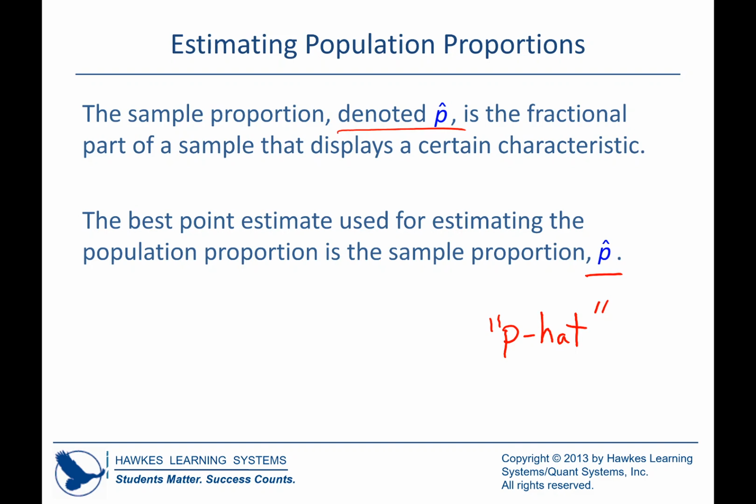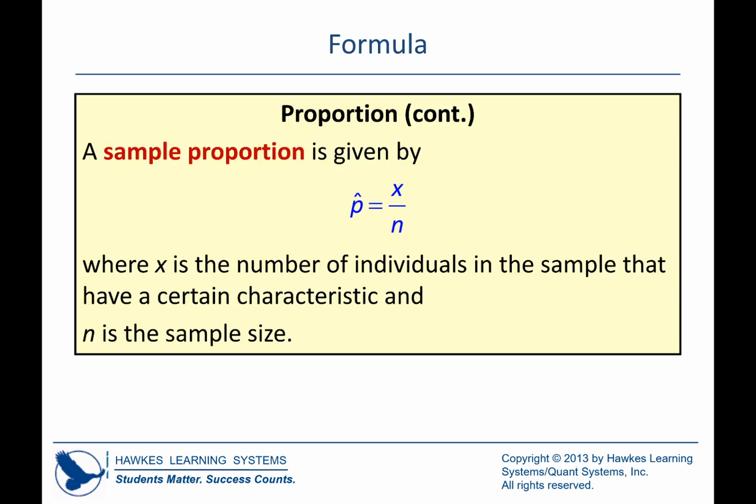And we've got a little formula slide. We really don't have to have a formula, it's just the number of data values that have the characteristic we're looking for out of the total number of data values. That's all this says too.